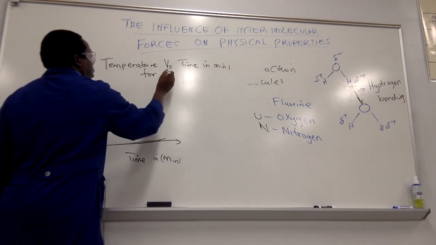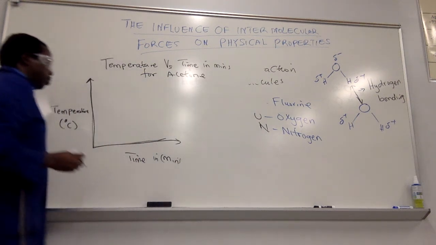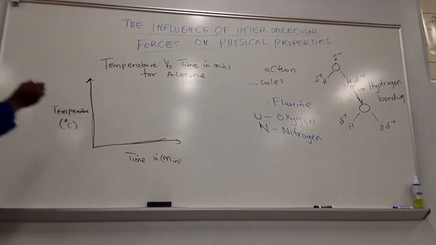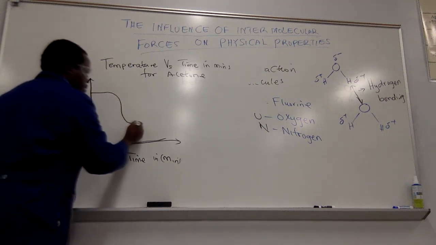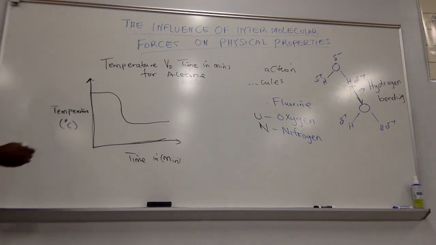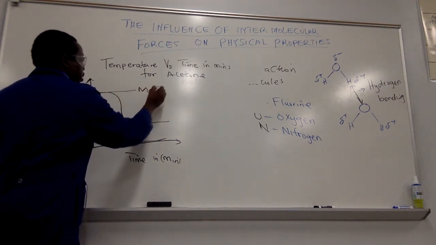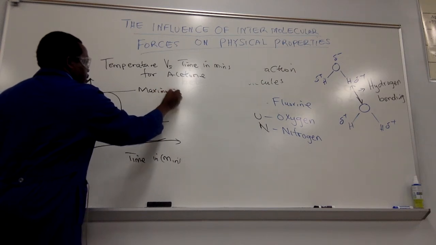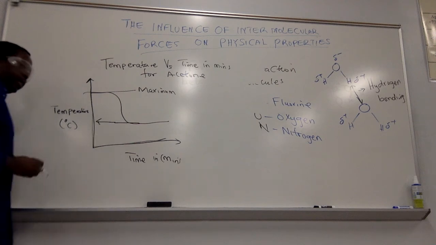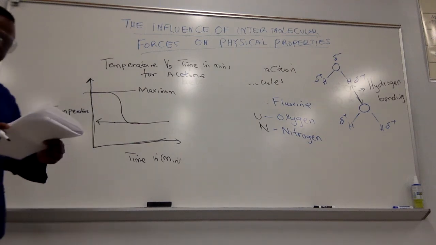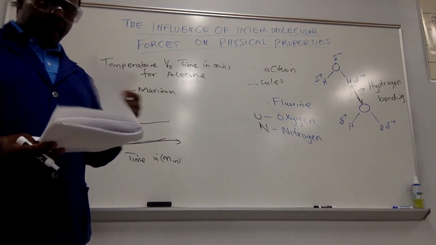For acetone, you're going to do it for isopropyl and the other substance. And probably it's going to look like this. Maybe it looks like that. This will be your maximum temperature, and this is your minimum. Please indicate the minimum and the maximum temperature.